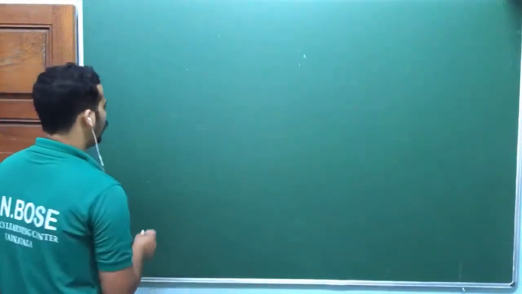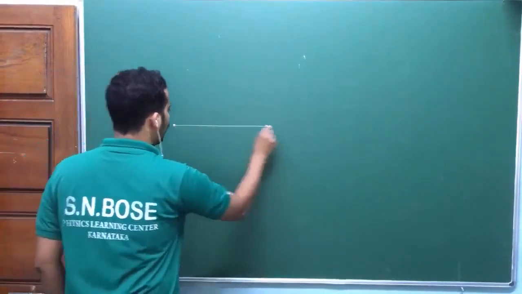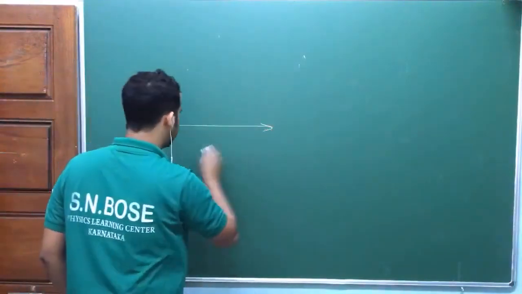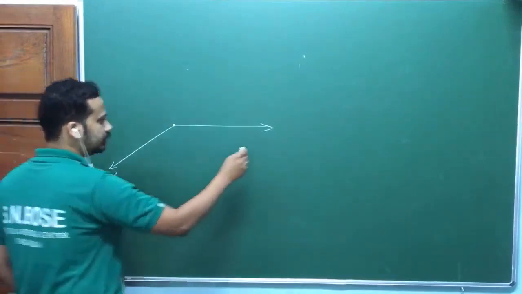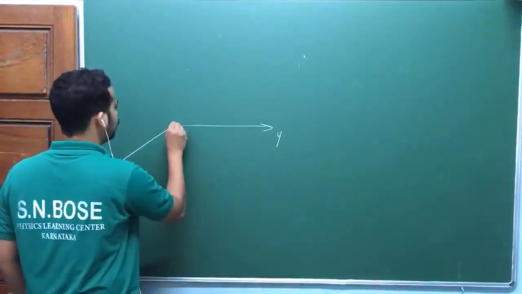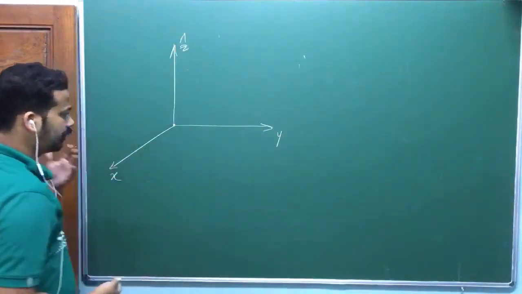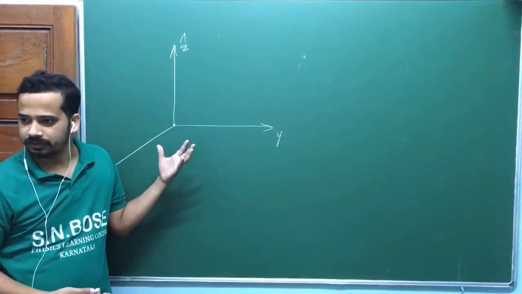So let me take an origin here and draw the axes. There is a rule of drawing these axes, and the order is also very important. This is the x-axis, y-axis, z-axis. Can you imagine these two are perpendicular?